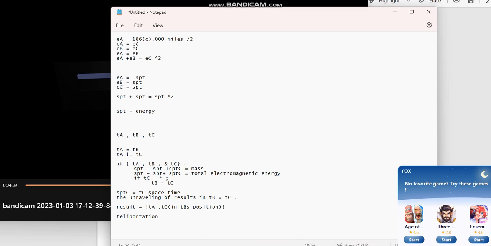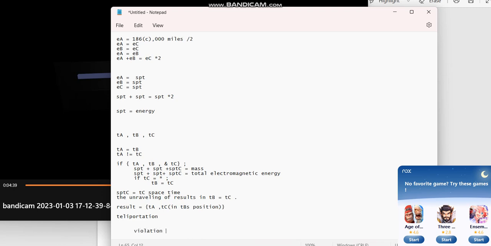But either way, TB becomes TC. And either way, TC goes into TB's position. And for all intents and purposes, it expresses the same thing.